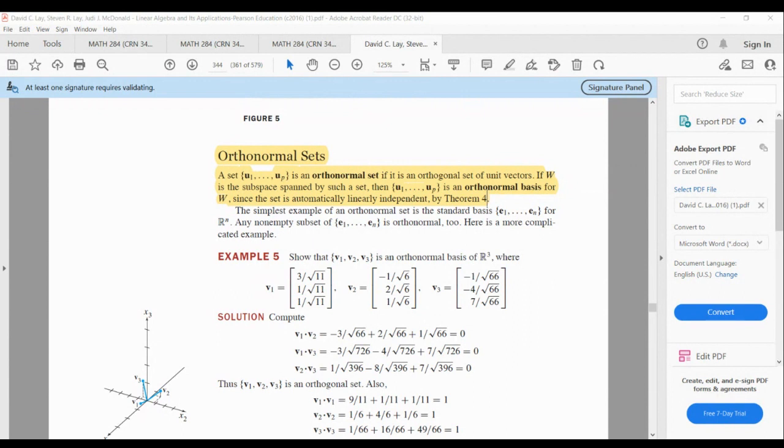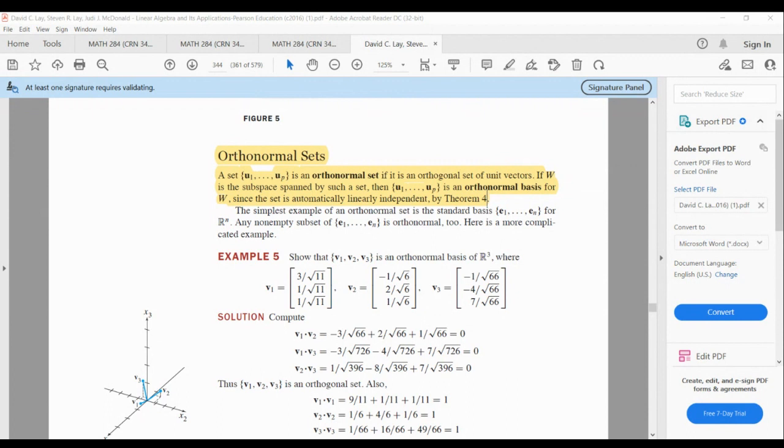An orthogonal set is a set of vectors that are perpendicular, but you have an orthonormal set if those orthogonal vectors are also unit vectors. Then you have an orthonormal basis.